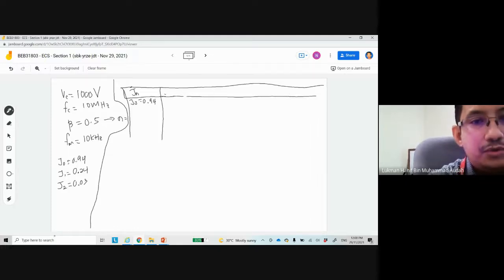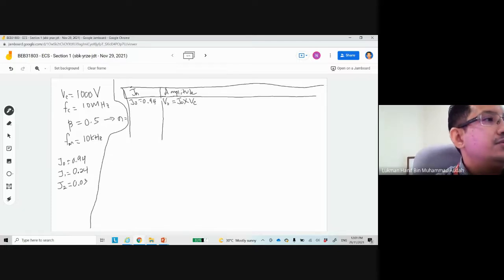So amplitude. J0 is equal to 0.94. We want to find V0, which is equal to J0 times Vc.